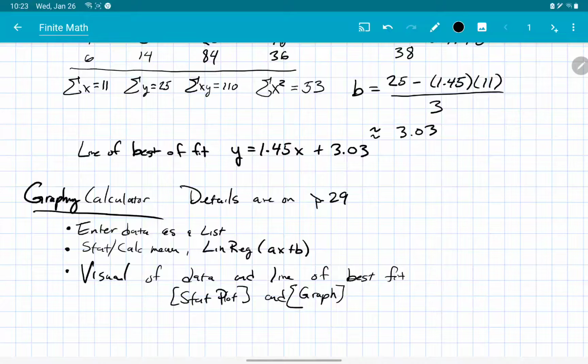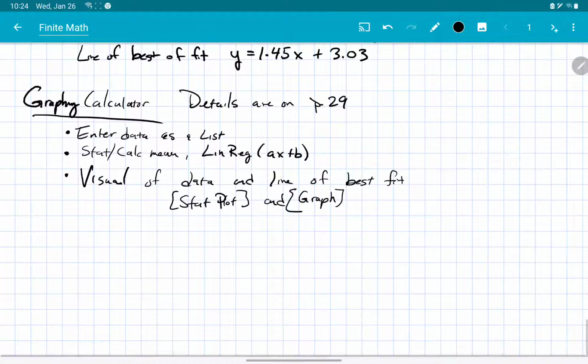Like I said, page 29 of your textbook has the details on how to do this, and also how to do it in Excel, if you care to. But you probably don't want a huge Excel sheet when you're working on the exam, so a graphing calculator is a good way to go. At the end of class, if you don't have your copy of the book yet, you can come up and look at these steps.